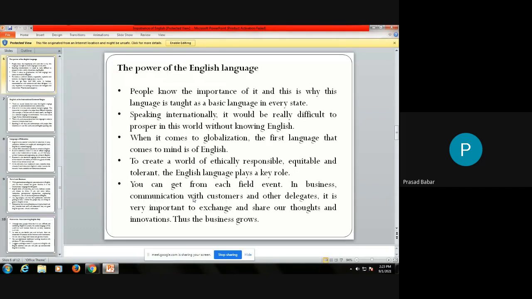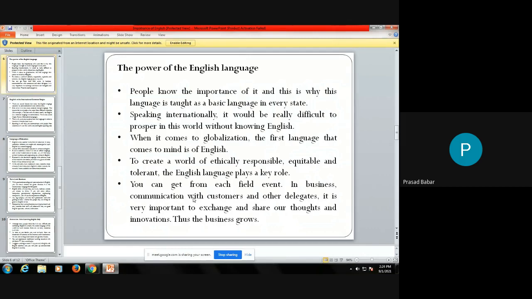The next point we are going to discuss is the power of the English language. So what is the power of English language? People know the importance of it, and that is why this language is taught as a basic language in every state.